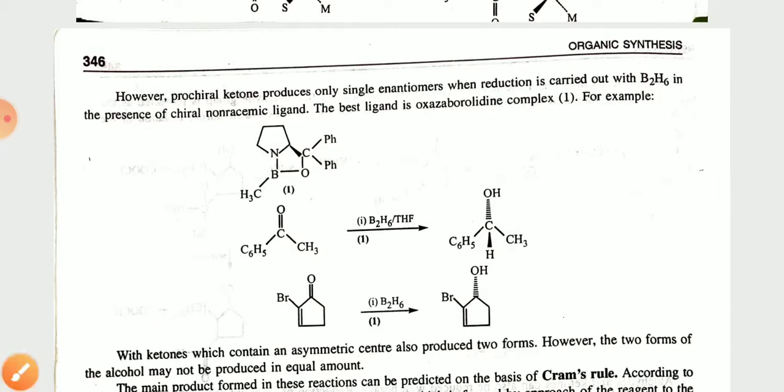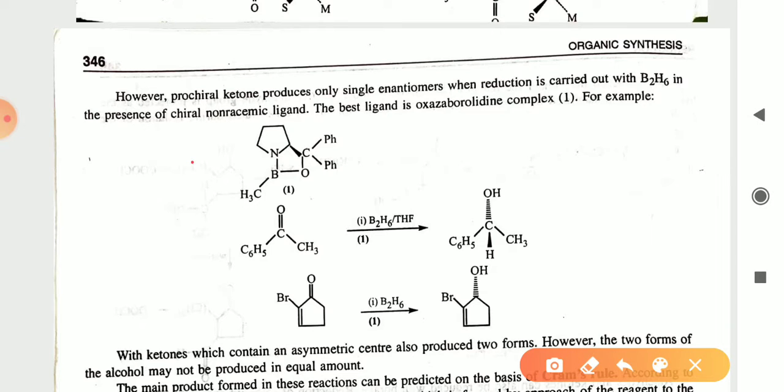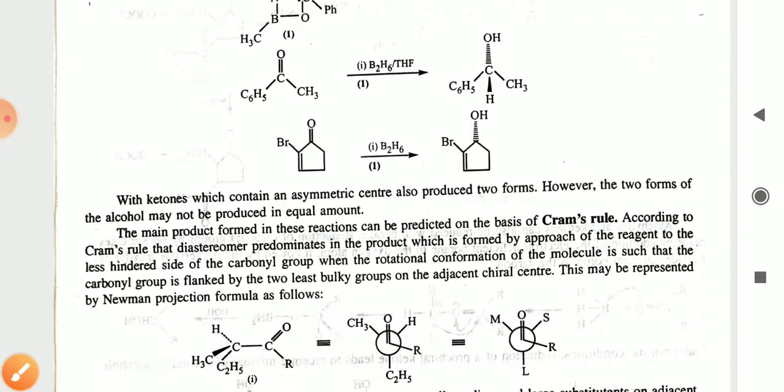Okay, so this is the first example, which is an oxazaborolidine complex. Now this complex will react with the carbonyl and it will give the alcohol. So with the ketone, this is the asymmetric center for the product.